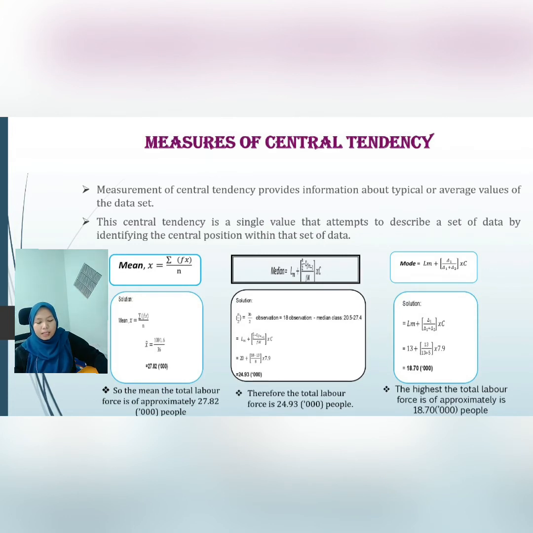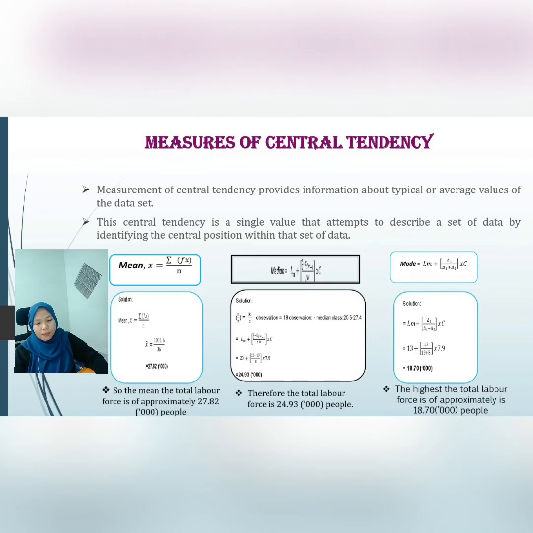So I calculate the median class is 20.5 until 27.4. So after I calculate the median formula, I get the answer is 24.93 thousand. So therefore the total labor force is 24.93 thousand people.